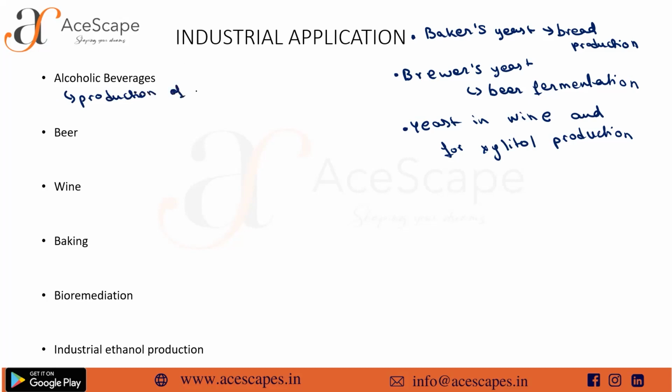Production of ethanol by fermentation: the carbohydrates are fermented by certain species of yeast under anaerobic or low oxygen conditions. Some examples are beer.